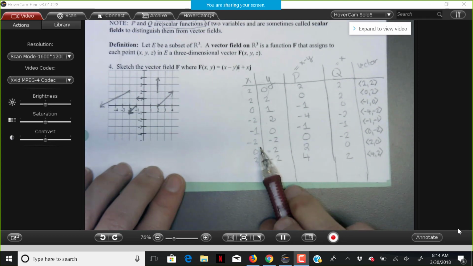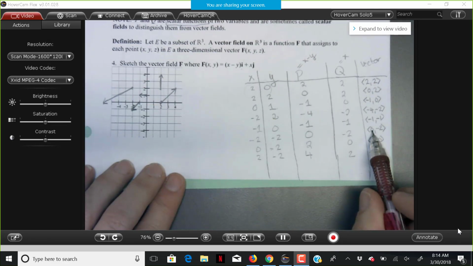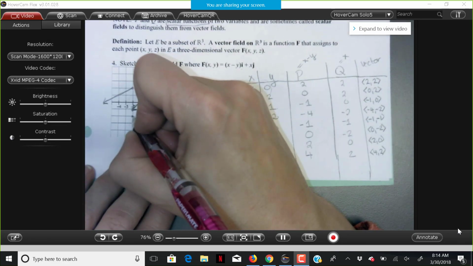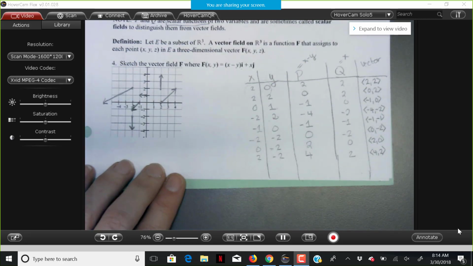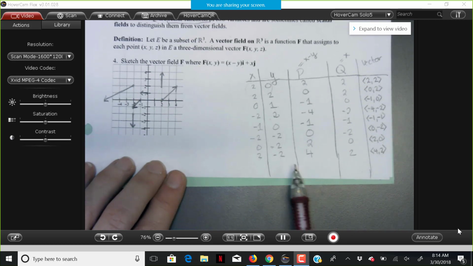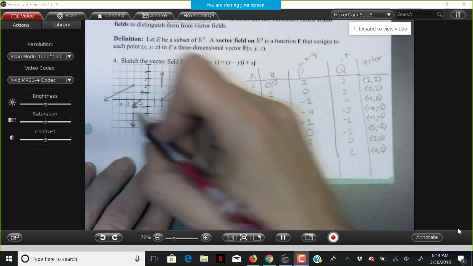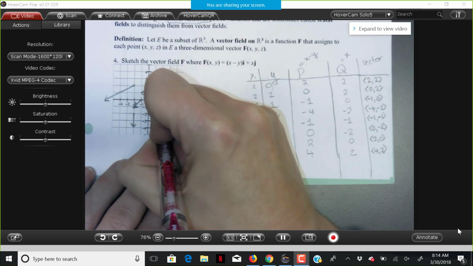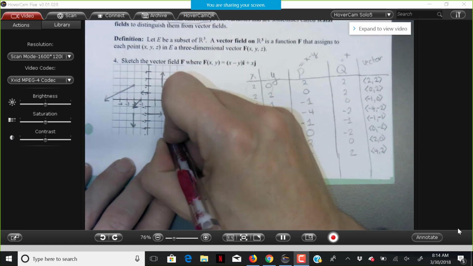And then at the point negative 2, negative 2, we don't go left or right, we just go straight down 2. And then at 0, negative 2, we go right 2, but no vertical. And then at 2, negative 2, we go right 4, up 2.